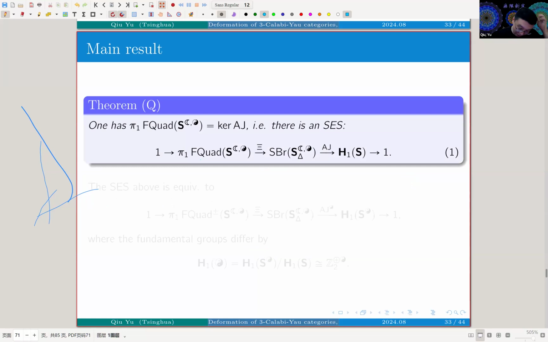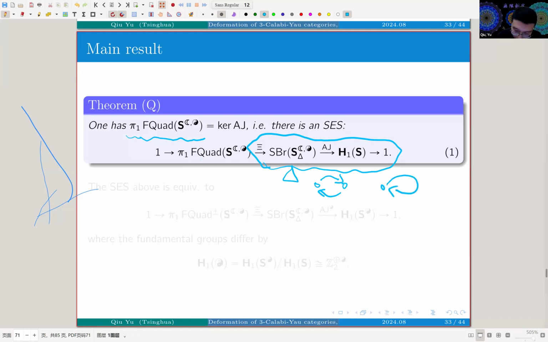So maybe let me first mention the main result: for this type of moduli space, we can calculate the fundamental group as the kernel of the Abel-Jacobi map. Here, the Abel-Jacobi map has some meaning classically, but for us, you are only looking at the surface braid group, which is generated by moving the decoration around, the braid twist or L twist.